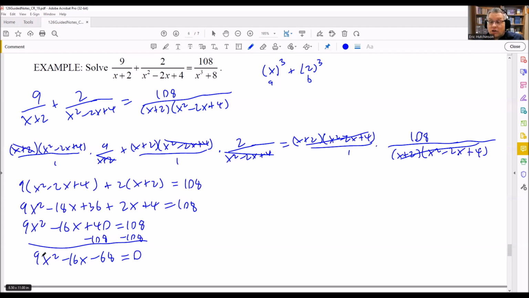Now factoring by the grouping method would give us some large numbers to work with because I have to do 9 times 68. So instead of doing that, I'm actually going to factor it by using the trial and error method here. You could use the quadratic formula if you wanted to as well, but in this case, we can factor this. Let's try 3x and 3x.